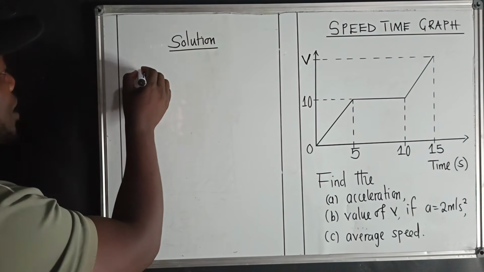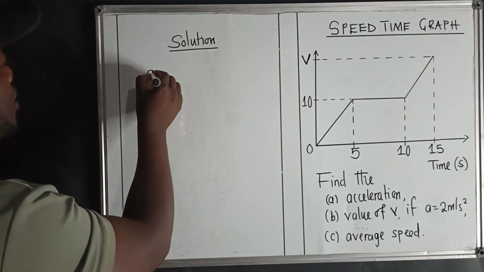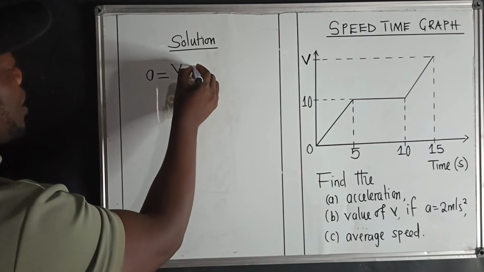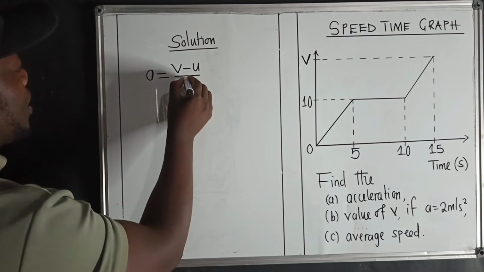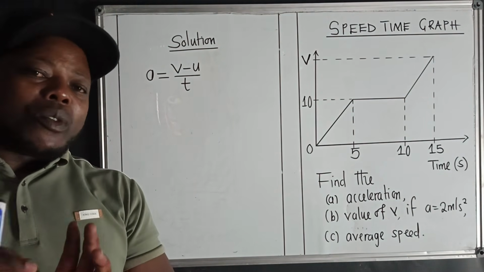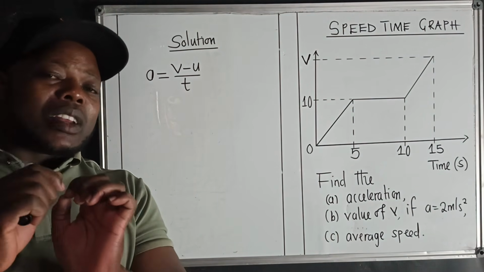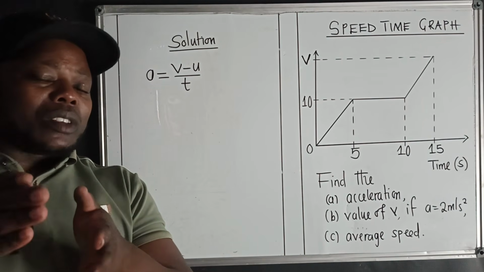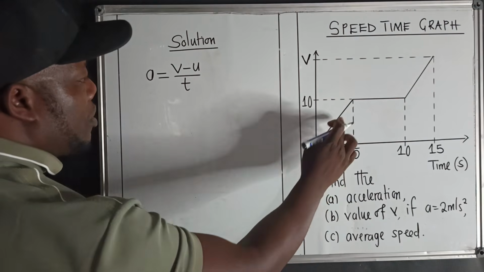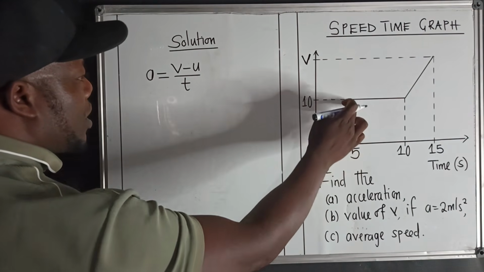So acceleration, the formula looks like this. Acceleration is equal to final velocity minus initial velocity over time. This is the formula you need. If you want, you can use the formula for finding gradient. It also works. When we look at the first 5 seconds, it's up to here.